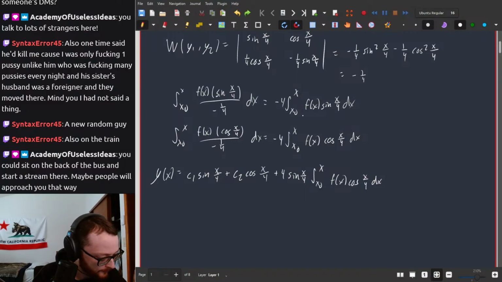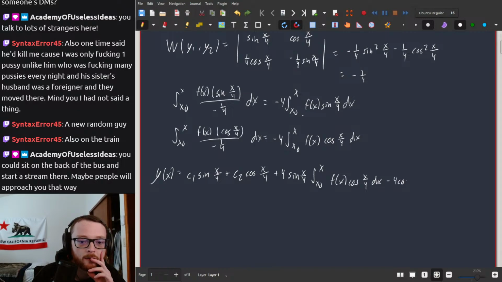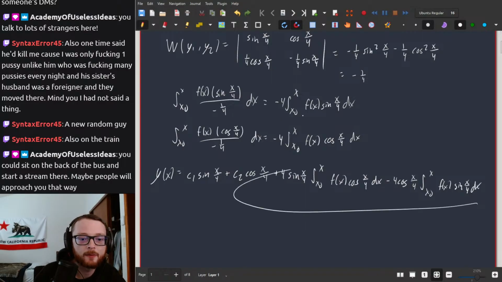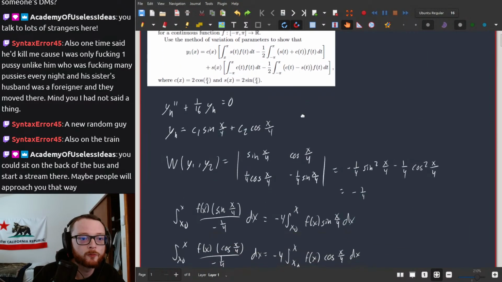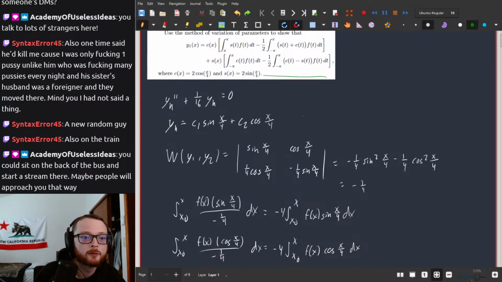And this one has a flipped sign. So this one had a negative sign built in, plus another negative sign from there. This one does not have a negative sign built in, but we do have a negative sign here. Now we have to somehow make this match with the proposed form of the solution up here.